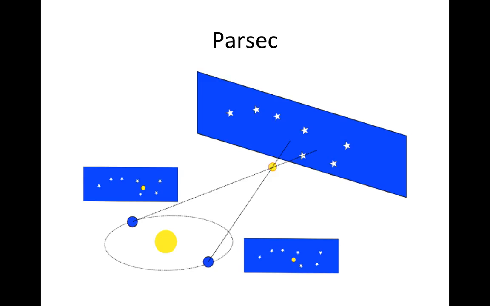This is not a measure of time, this is a measure of angles. So if it's a really, really small angle, just 1 second, then the distance for a 1 second parallax is 1 parsec. That is the definition.